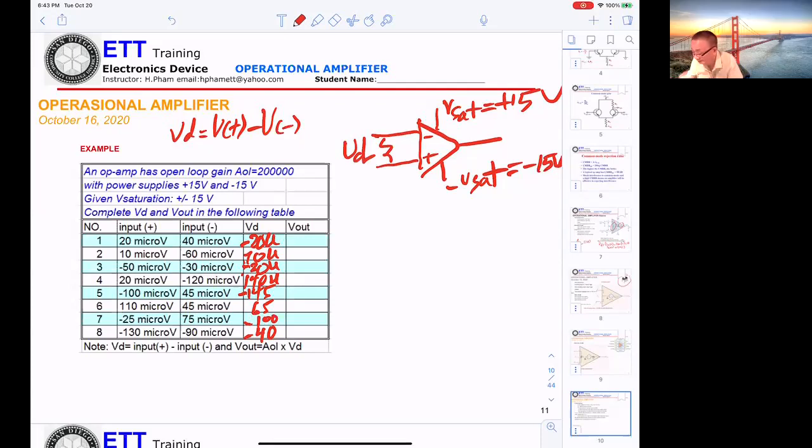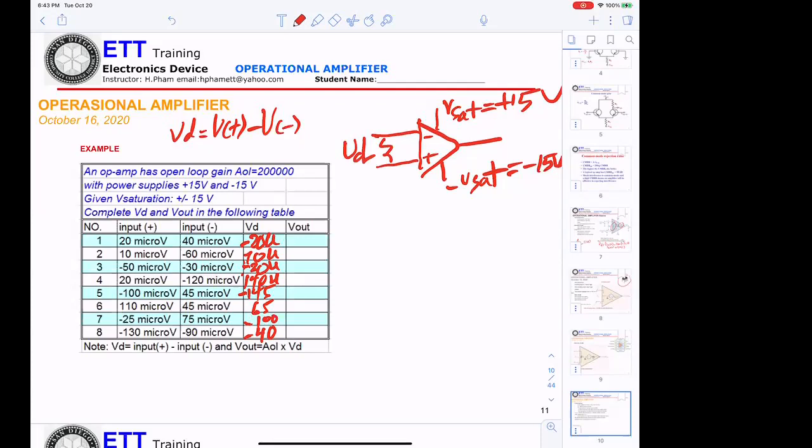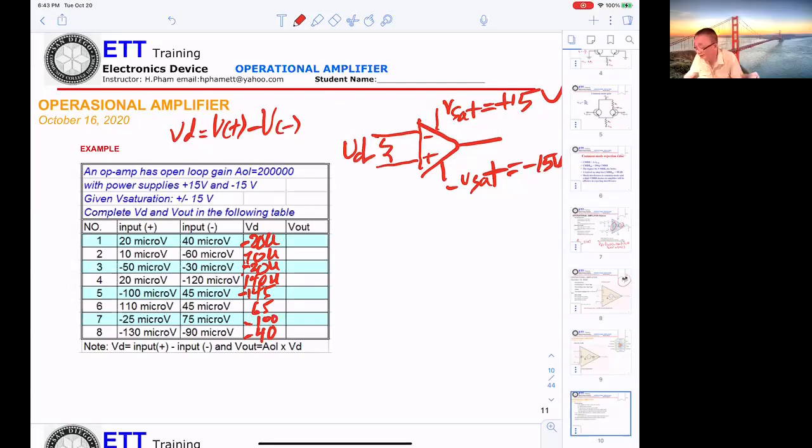For the output, all you really do is take the answer you got for VD and multiply it times the open loop gain. You can say, I suppose it's saturated. Saturation.